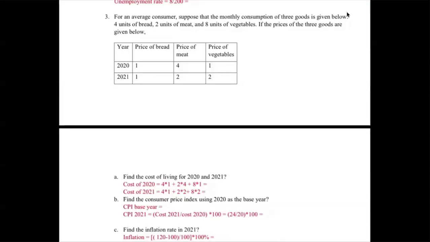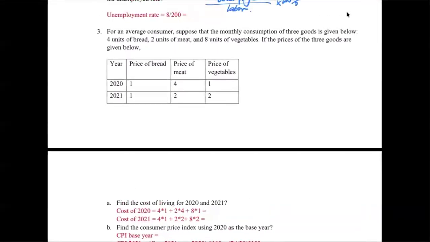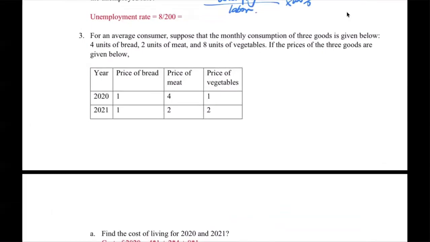And for question 3, you are going to calculate the CPI based on the cost each year. So remember how to find the cost of living for each year when you have a fixed basket. So here, this is your basket and this is fixed. And for each year, you have different prices for each good.